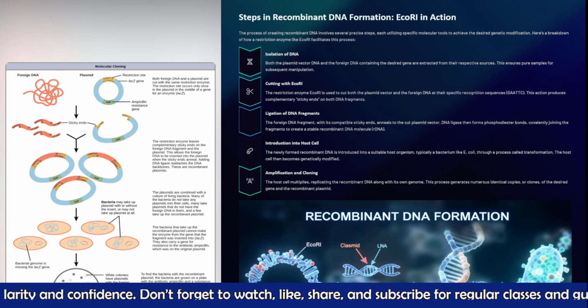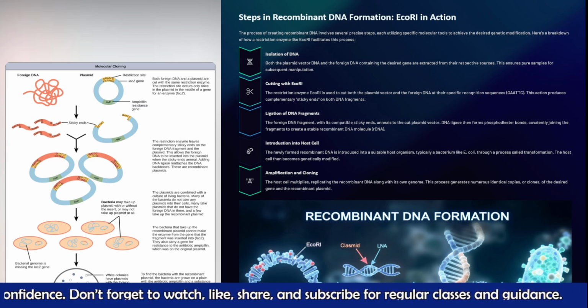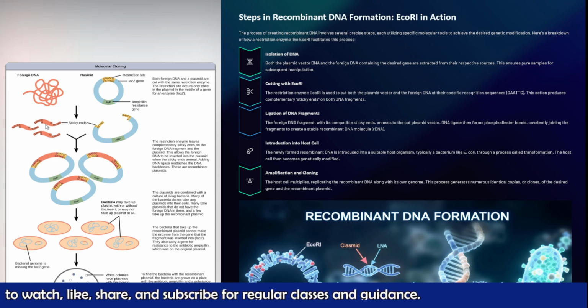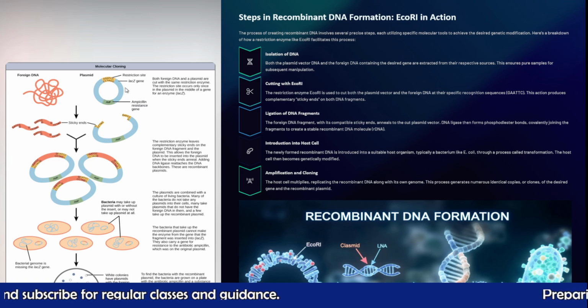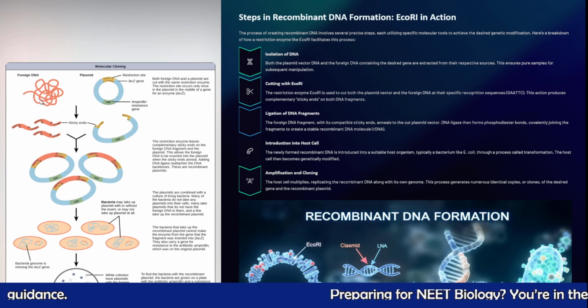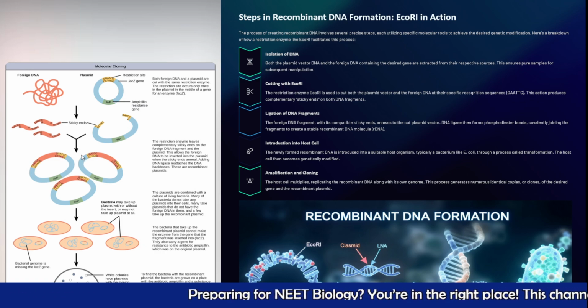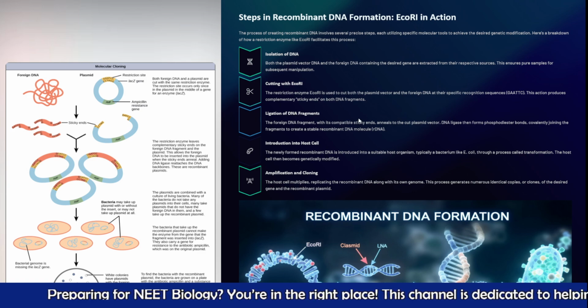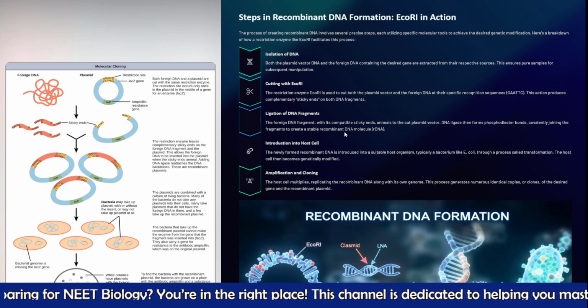Right, and cutting with the EcoR1. Restriction enzyme EcoR1 we are using for the cutting, and we will get the sticky ends. Here you can see the plasmid. In the plasmid, a particular part is cut, and then the foreign DNA's part also. Then it is joined, ligation of the DNA fragments, with the help of which enzyme?